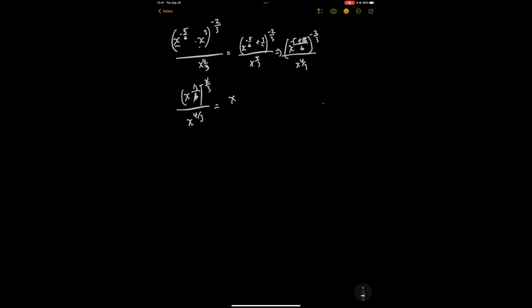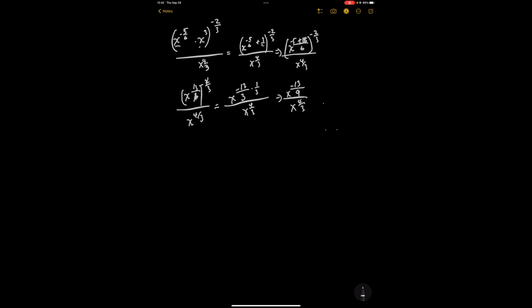So that will be equal to x to the 13 over 6 times negative 2 over 3, right? Because the 2 and the 6 will equal 1 over 3. And so now I'm going to have x to the negative 13 over 3 times 3, which is equal to 9, all of that over x to the 4/3.